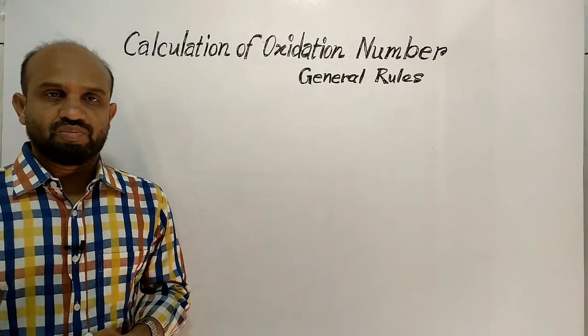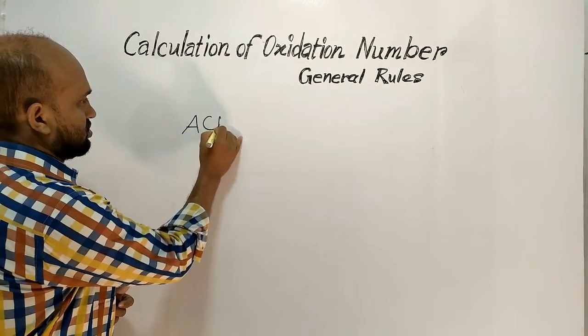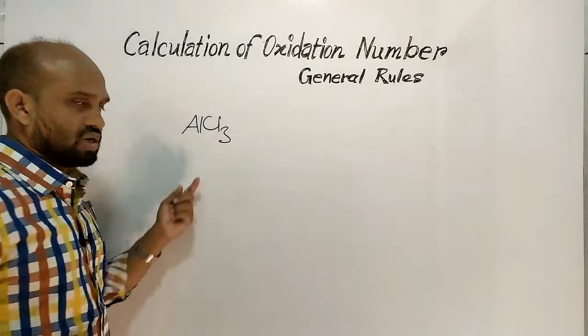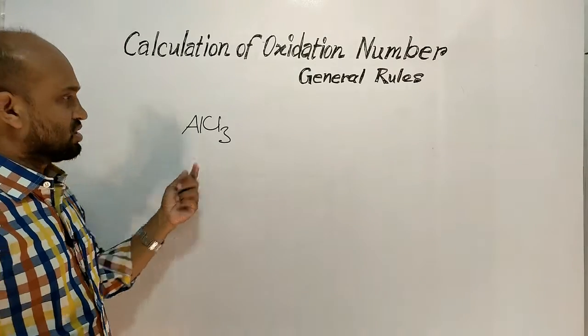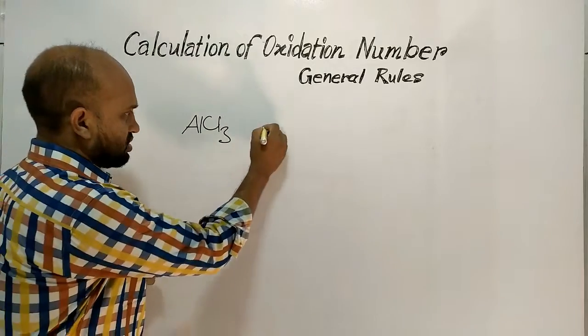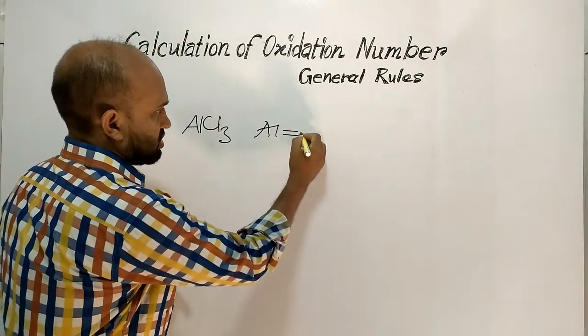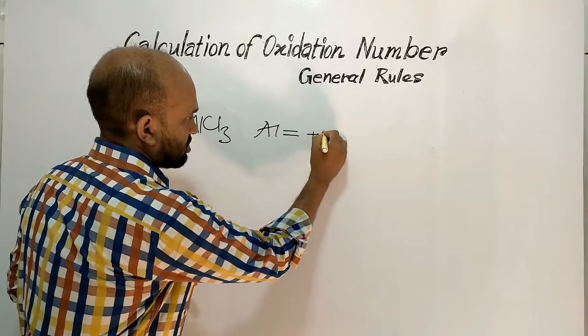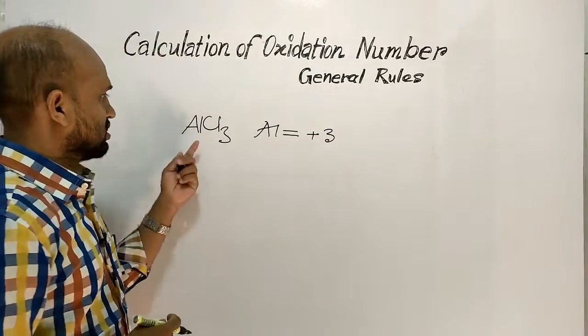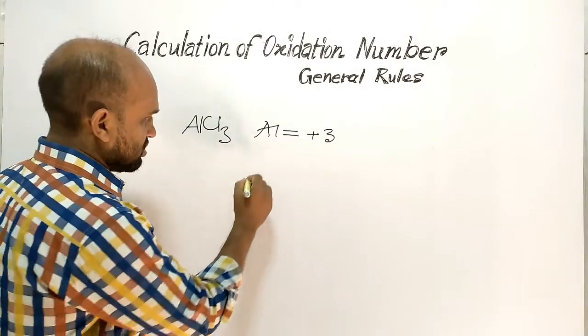Let's consider a compound, aluminum chloride. In the formation of aluminum chloride, aluminum donated 3 electrons. That is why its oxidation number is 3. Here there are 3 chlorine atoms.